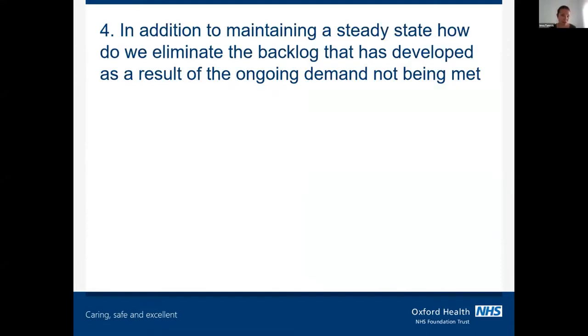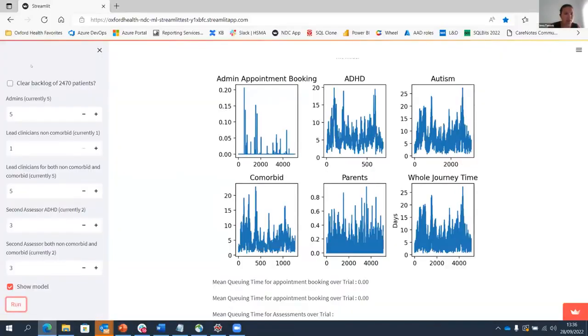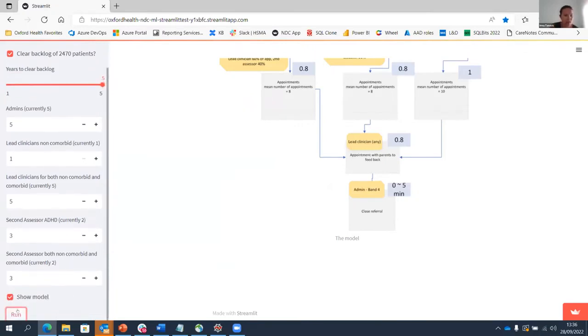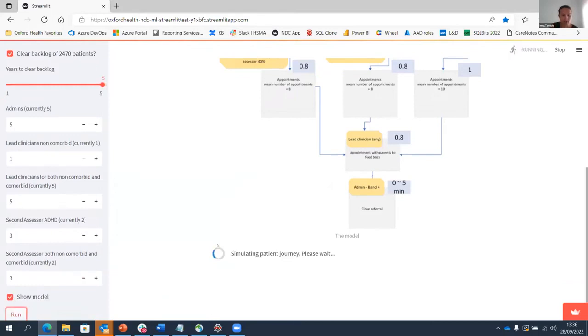Now, in addition to maintaining that steady state, how do we eliminate the backlog that has developed? So again, I'm going to go back to the demo. I'm going to include a clear backlog of 1,470 patients in 5 years. I'll run it with the one that was great for steady state and see what happens there.